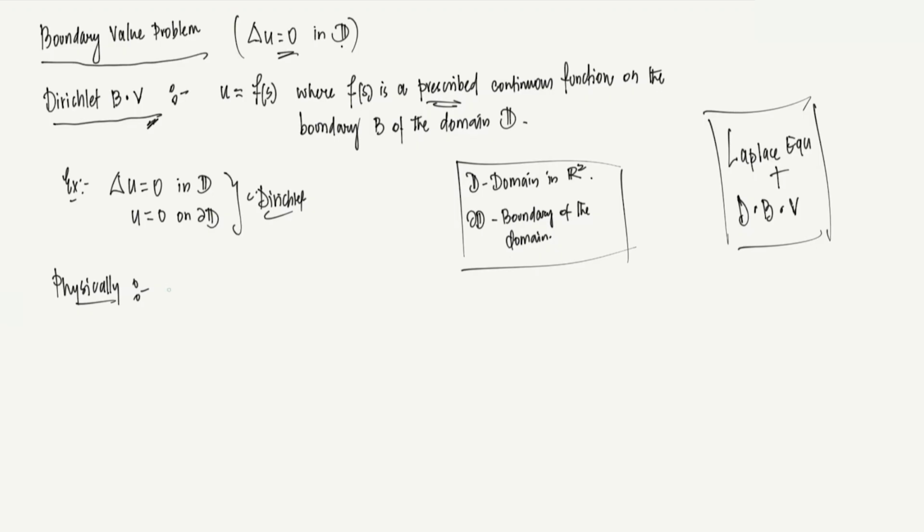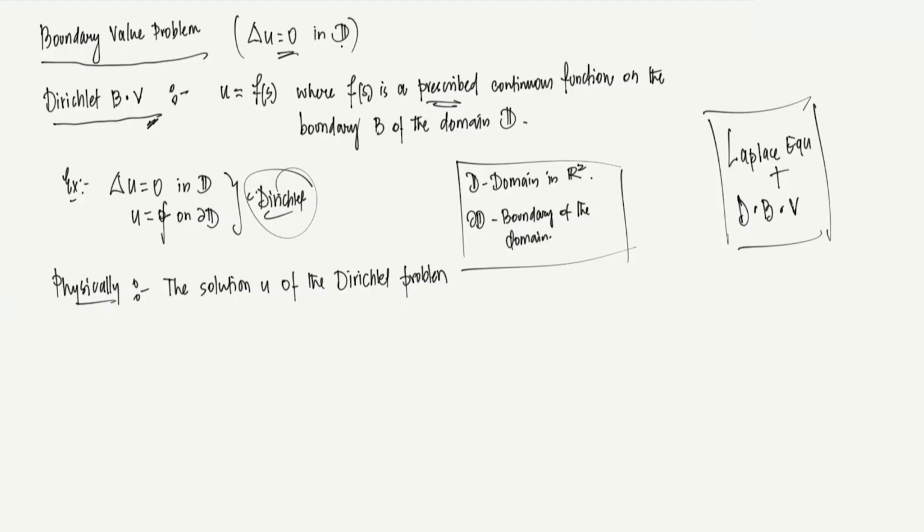Okay, so physically, what does it mean? It means the solution u of the Dirichlet problem. Please understand, this is one example of a Dirichlet problem. You have to change it to some function f for this to be a general Dirichlet problem, and f is continuous.